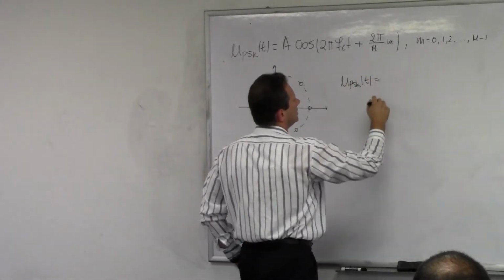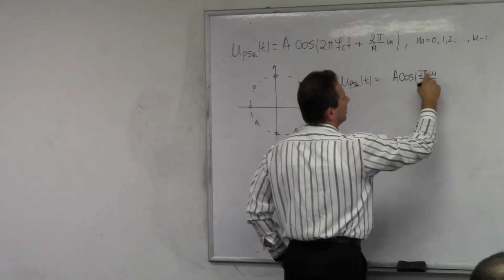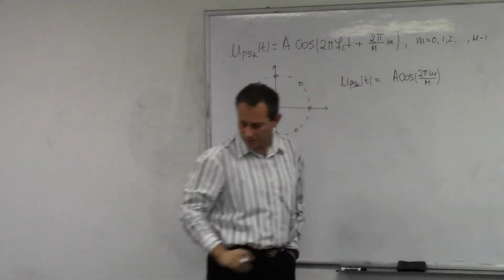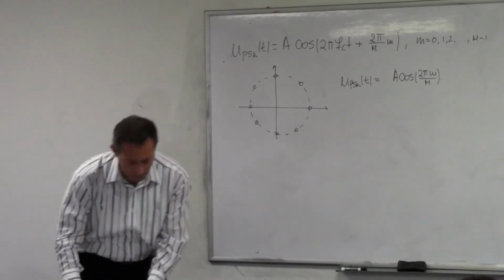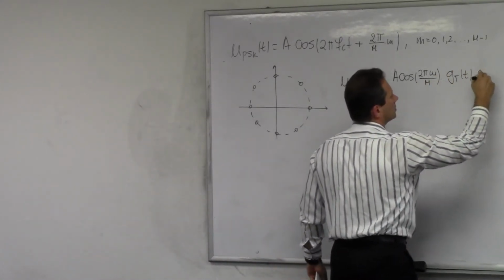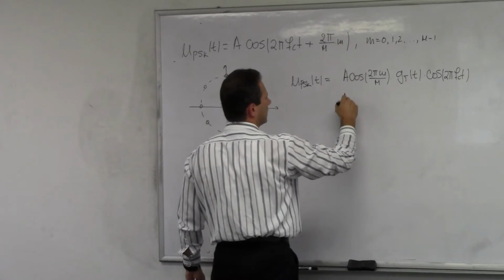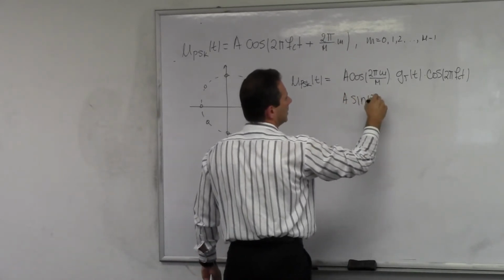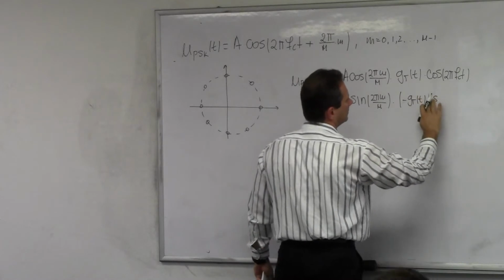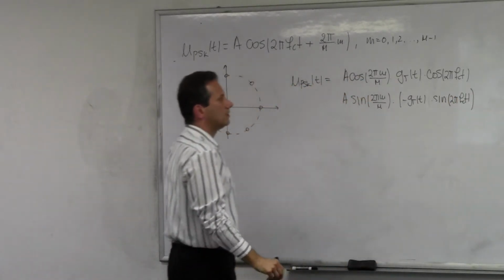We went through some basic math and discovered that this is A cosine 2 pi m over M times g_T of t cosine 2 pi f_c t, and then minus A sine 2 pi m over M times g_T of t sine 2 pi f_c t.